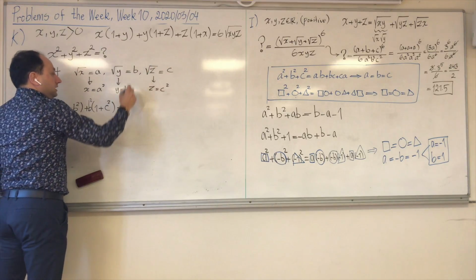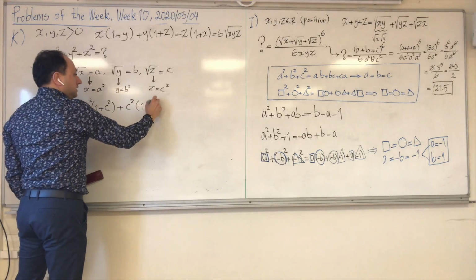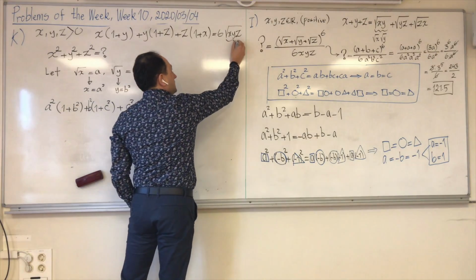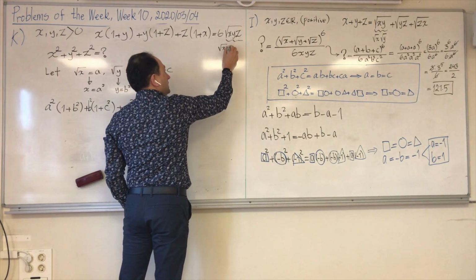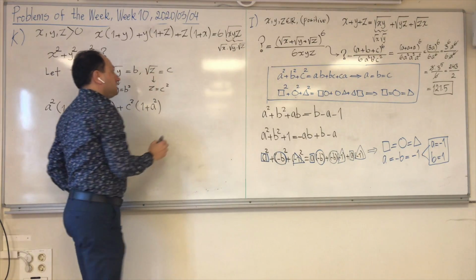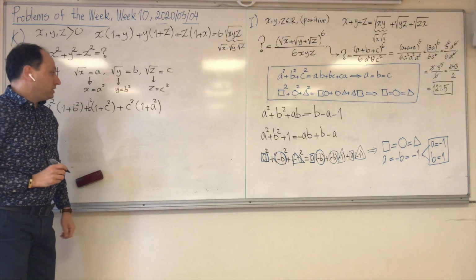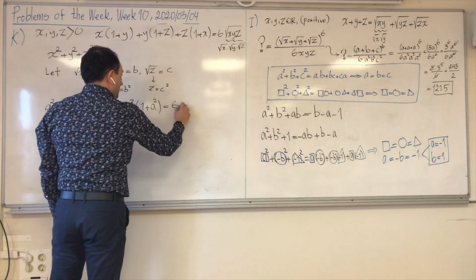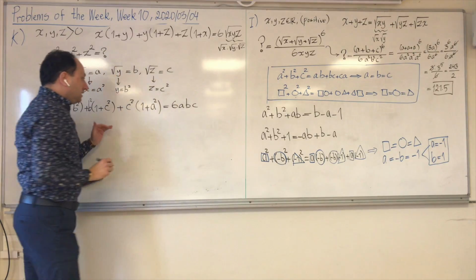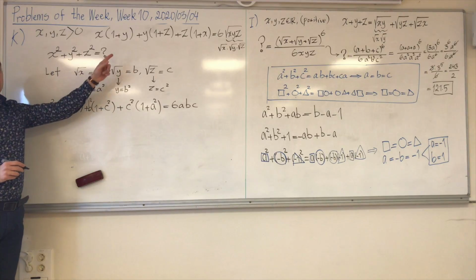And then z again is c squared, 1 plus x, which is a squared. On the right-hand side, this can be written as square root of x multiplied by square root of y multiplied by square root of z. Square root of x is a, this is b, this is c, so it is 6abc. From a psychological point of view, this is easier to see than that expression.